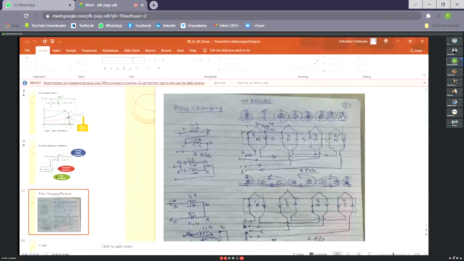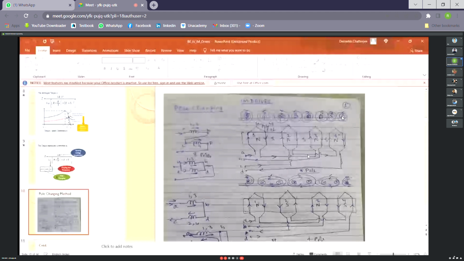So 1, 2, 3, 4. It's 4 north and 4 south, an 8-pole connection. So now if you have coils like these, 4 coils you have, and you connect like this. Say A is connected to this one, the third one, right?